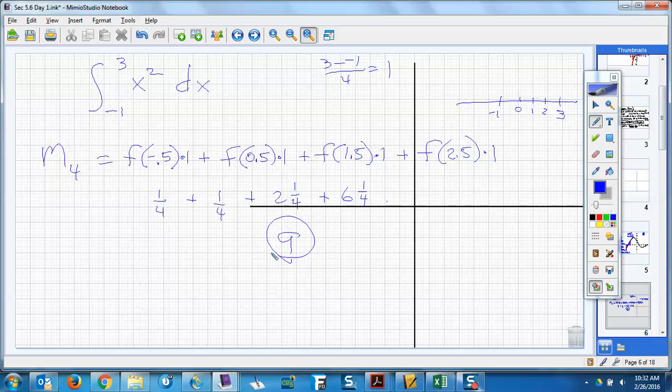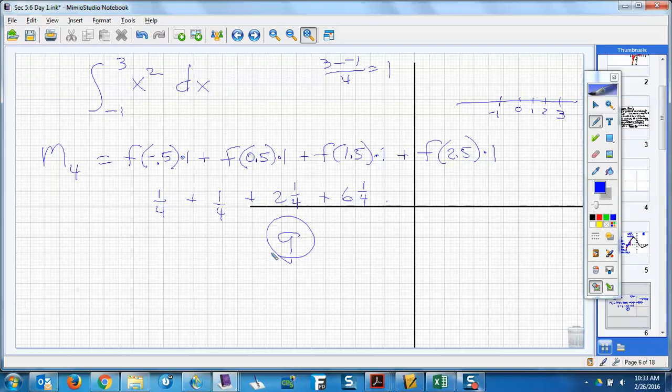Now, on that quiz next Thursday, there will be some that say draw a sketch, but there will be others where it just says, evaluate M4. This is what I want to see, right? You're going to get points for having this written out, and then this part you can do. I'm trying to think if it'll be calculator or no calculator.